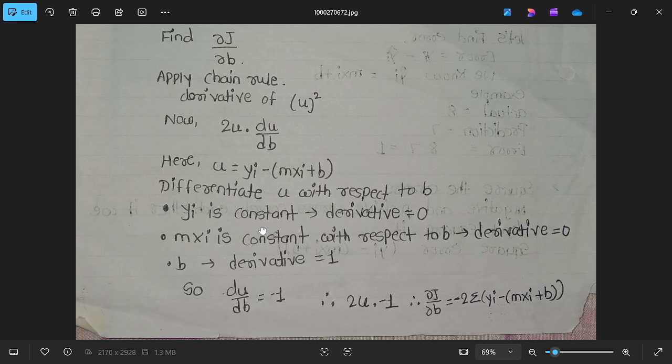The second value is mxi. It also does not contain b, so its derivative is 0. The third value is b. The derivative of b by itself is 1.